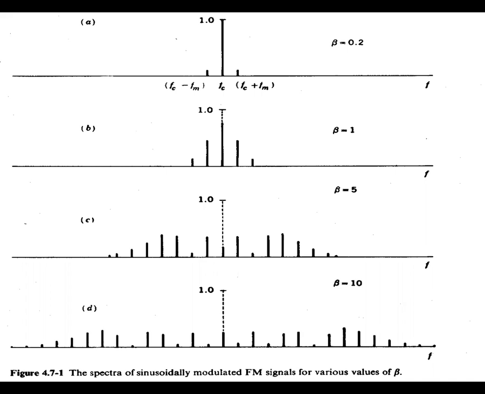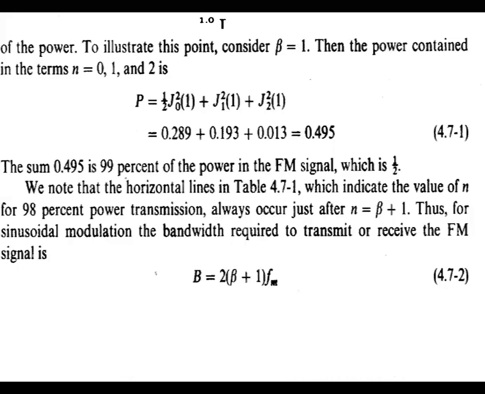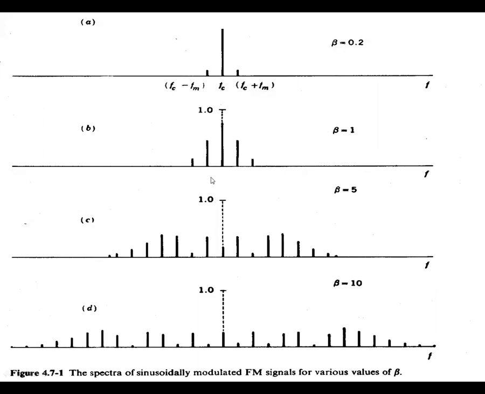Whereas when beta is equal to 1, what is the bandwidth? 2 into 1 plus 1 into FM, 2 into 2, that is 4 FM. There are 4 spectral components: 1, 2, 3, 4. With respect to Fc, 1, 2 on the positive side, the right hand side, and 1, 2 on the negative side. Two sidebands on the positive side and two on the negative side.